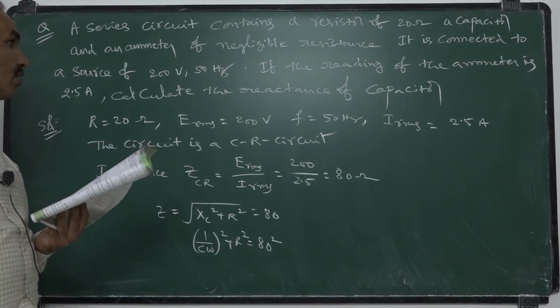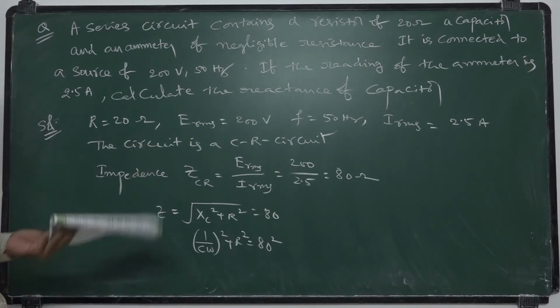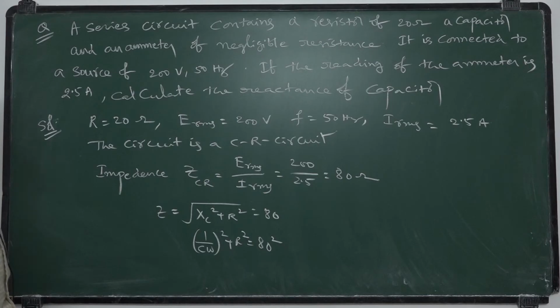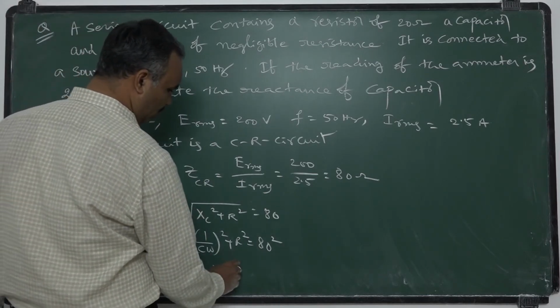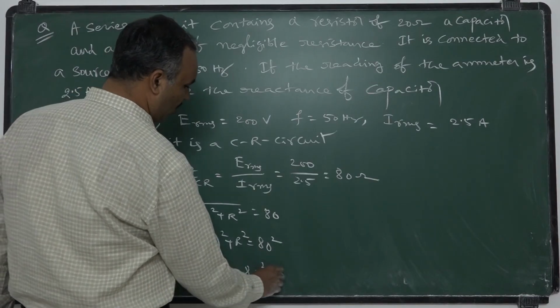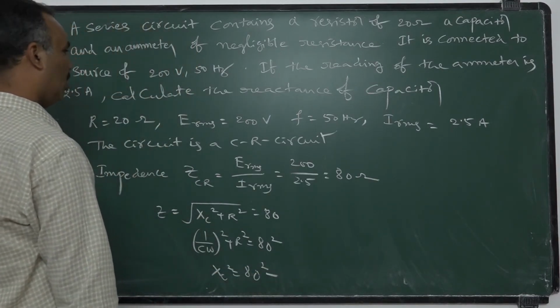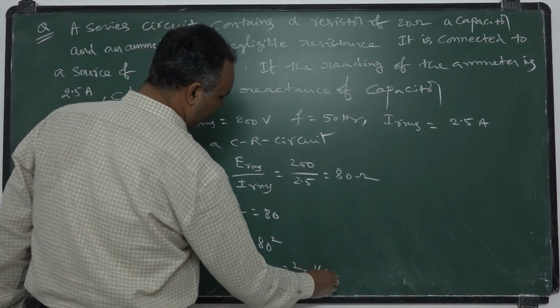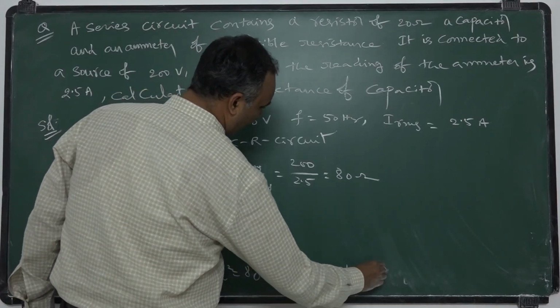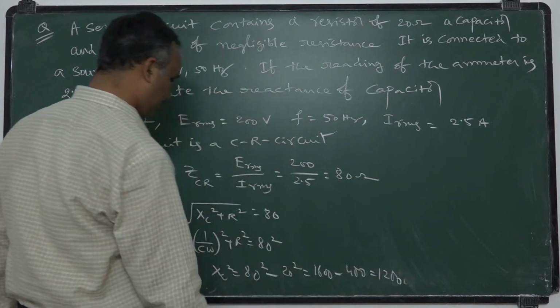So you are asked to find reactance of the capacitor. Directly XC value they are asking. Simply XC square is equal to 80 square minus R square. So the resistance is 20 square. That is 1600 minus 400, that is 1200.